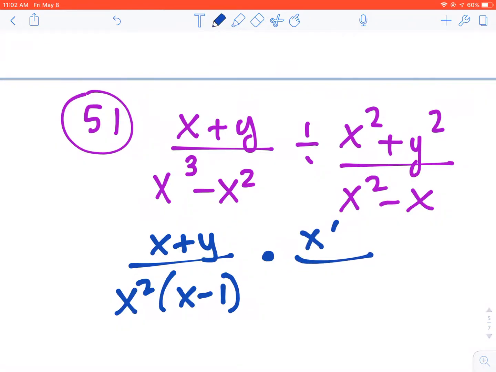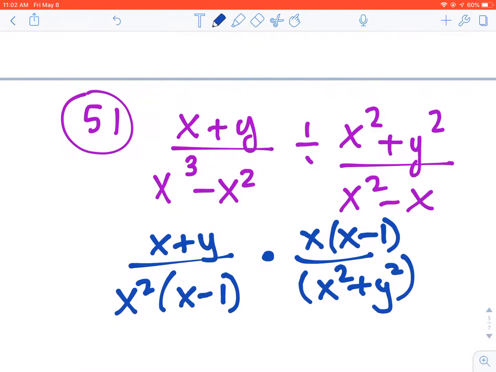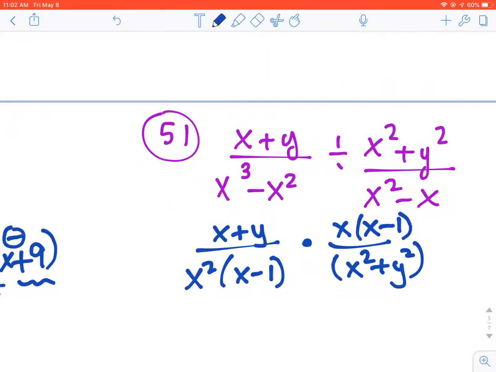I notice they have an x in common, x minus 1, and the numerator, trying to trick you, x squared plus y squared cannot be factored. X squared plus y squared. Only the difference of two squares, not the sum. So my x minus 1s would cancel, and this x cancels with one of these x's.